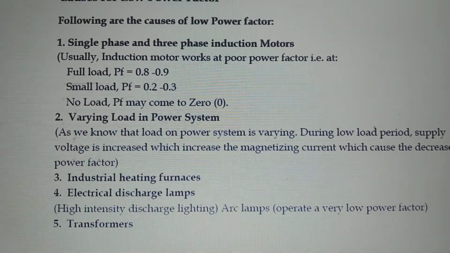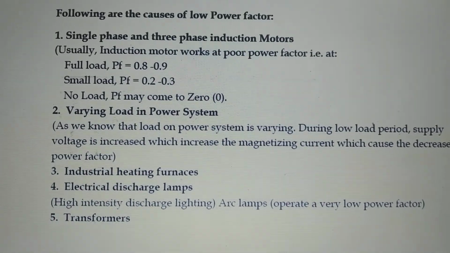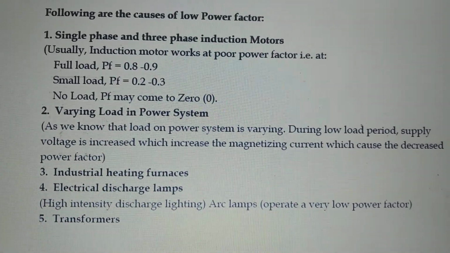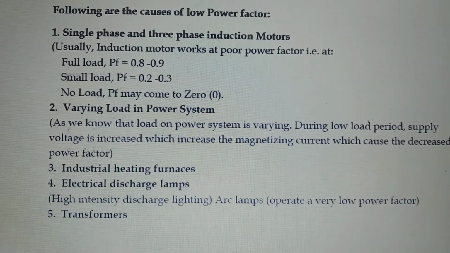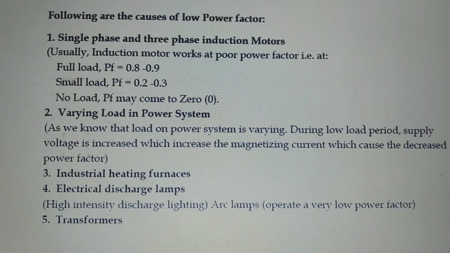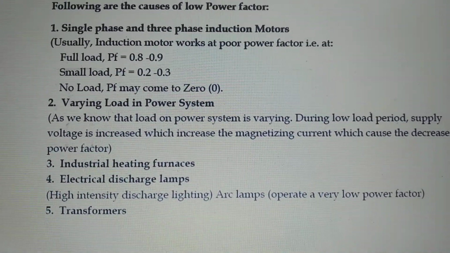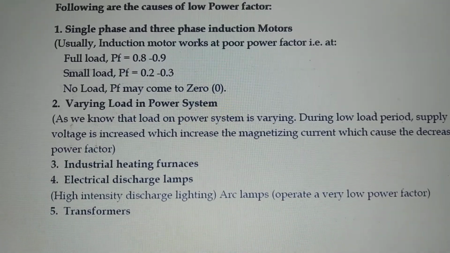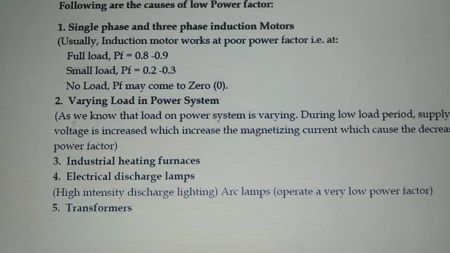Second point is varying load in power system. As we know, the load on the power system is varying. During low load period, the voltage is increased, which increases the magnetizing current, which causes a decrease in power factor. Third point is industrial heating furnaces. The main applications there also involve induction effect.